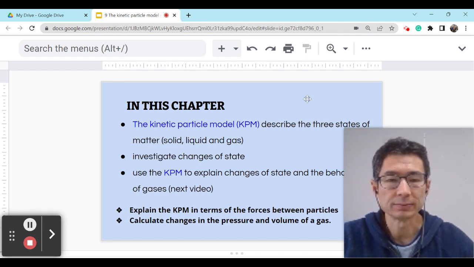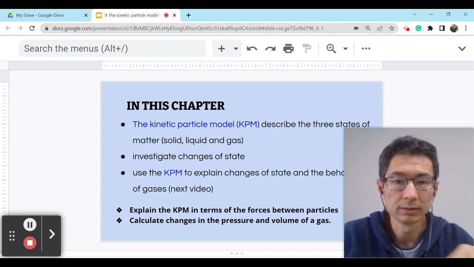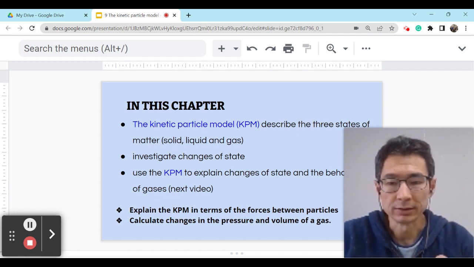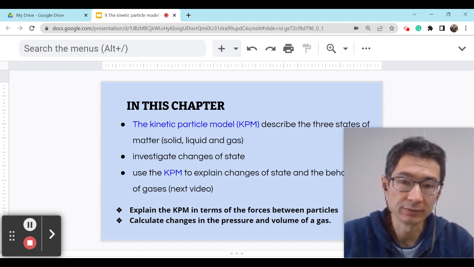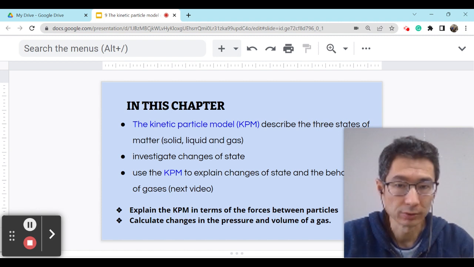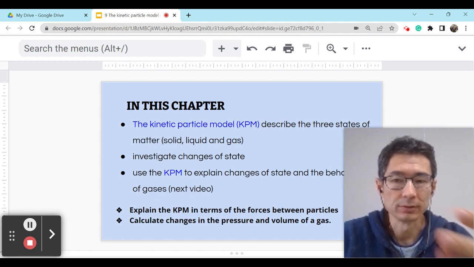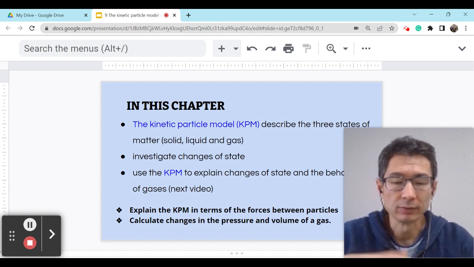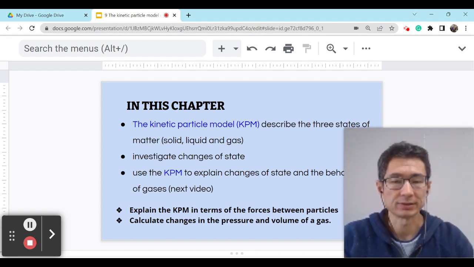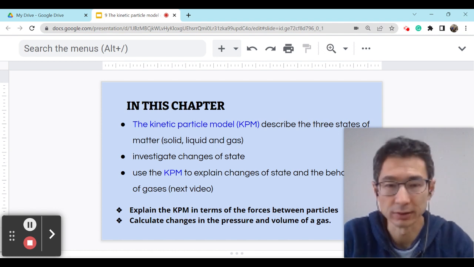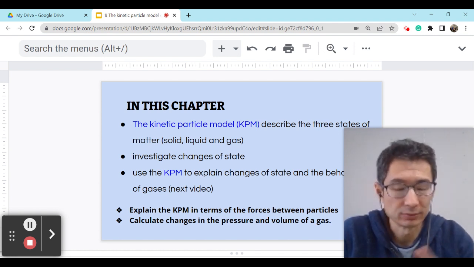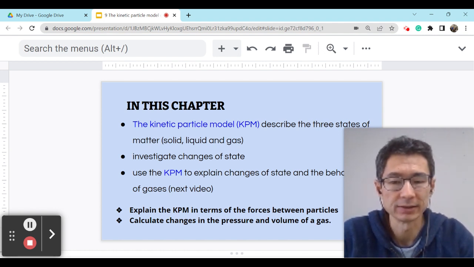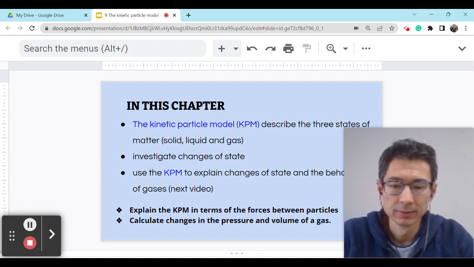The model explains the properties, behavior, and the change of state from solid to liquid, liquid to gas, and even from gas back to solid. So this model will explain why things behave as such. Like when we heat the solid, it melts. Why? This particle model explains that, and we will learn about this.